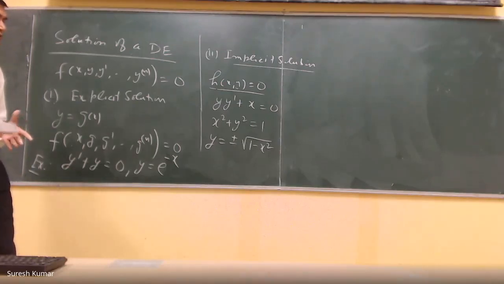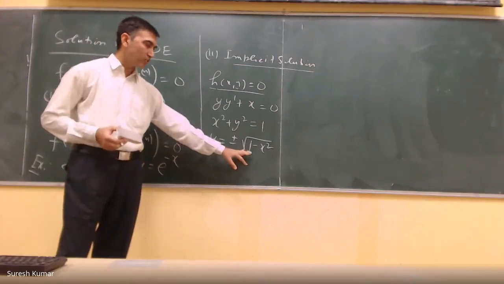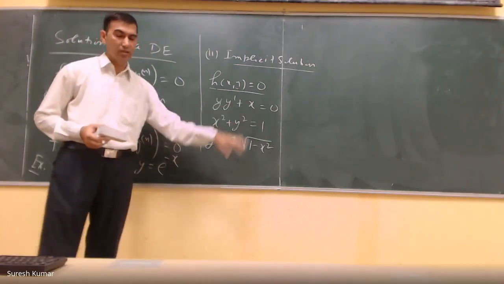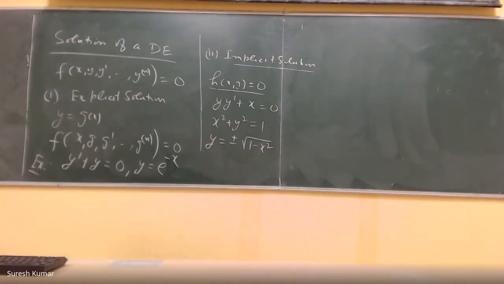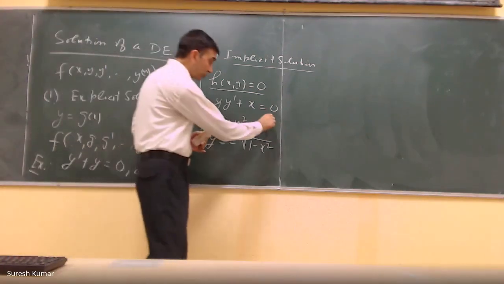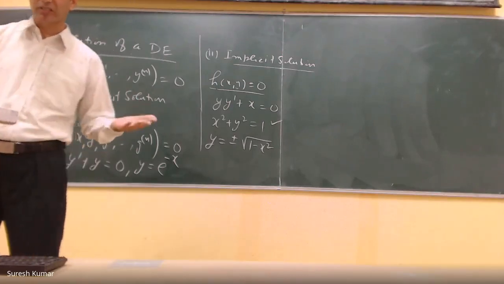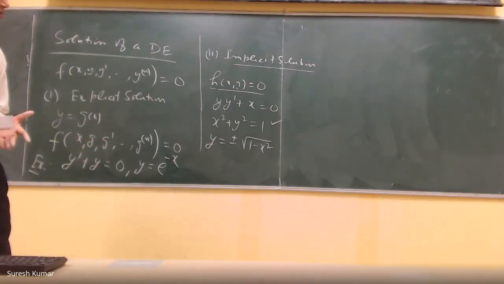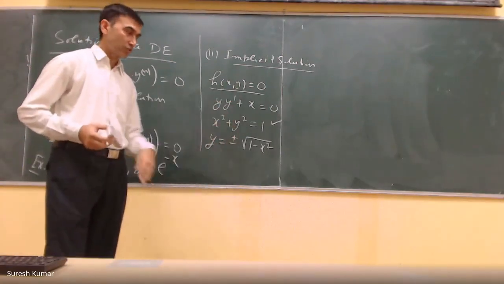You can verify, if I substitute y equal to plus square root of 1 minus x square here, this equation is satisfied. Likewise, you can put minus. Because this relation is producing two explicit solutions, or at least one explicit solution, this relation is an implicit solution.